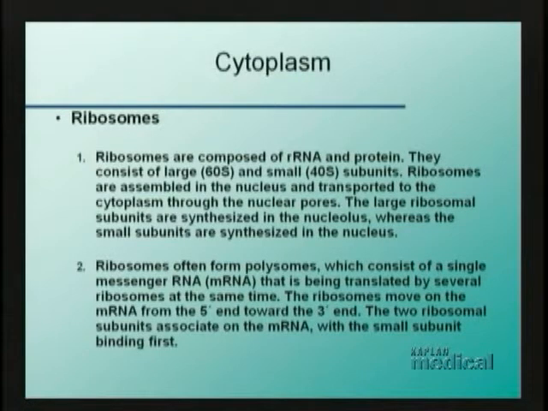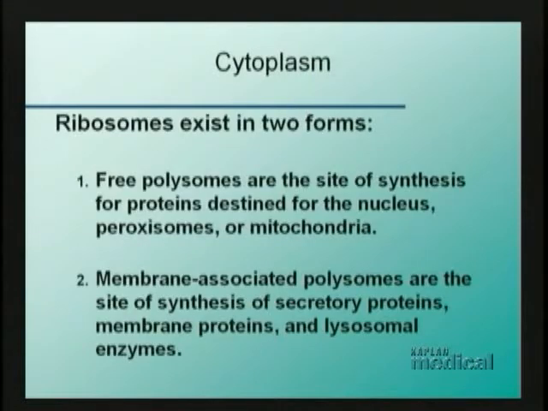Once in the cytoplasm, the ribosomes typically form polysomes, which are found in two different forms. The first form is free polysomes, and these are going to be the site of synthesis of three different kinds of proteins: those destined for the nucleus, those to be incorporated into peroxisomes, or those to be incorporated into mitochondria.